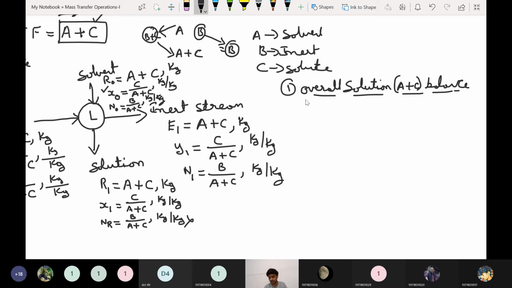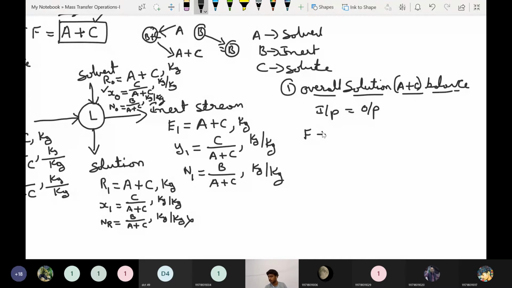We can say that input is equal to output, because we are operating at steady state and without chemical reaction. So the material balance will be input equal to output. What are the inputs here? One is the feed stream of solids, and another is the feed stream for the solvent. The feed stream is F. For solution, F is equal to A plus C, which we already know.